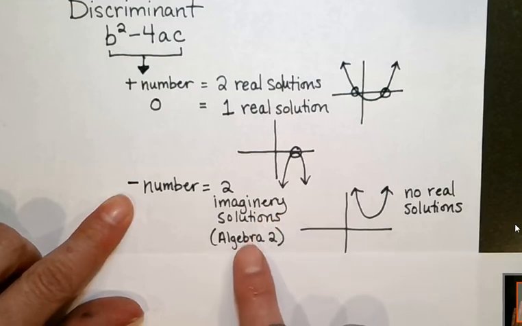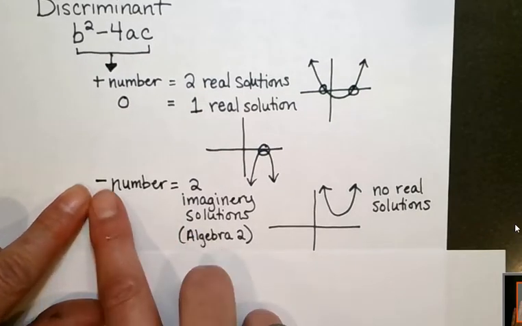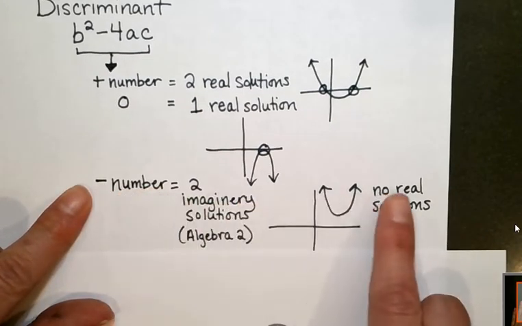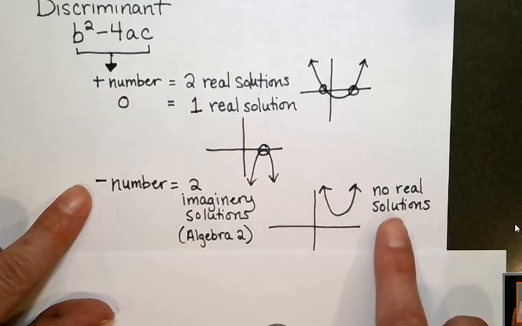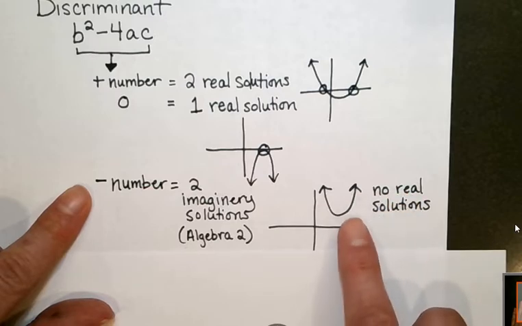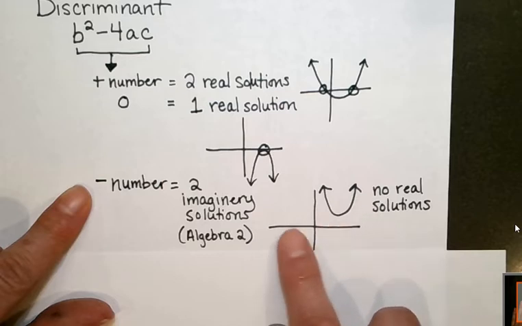This is something that you'll explore more in Algebra 2. For Algebra 1, if we have a negative number, basically we can say we have no real solutions, which means our parabola or quadratic is not going to touch the x-axis.